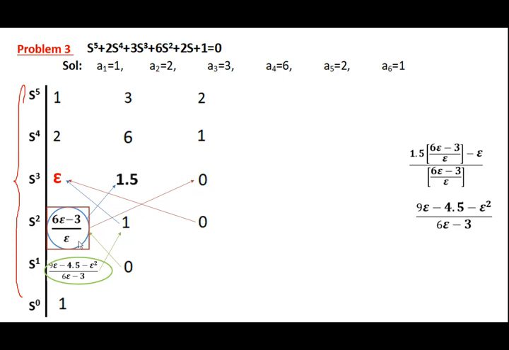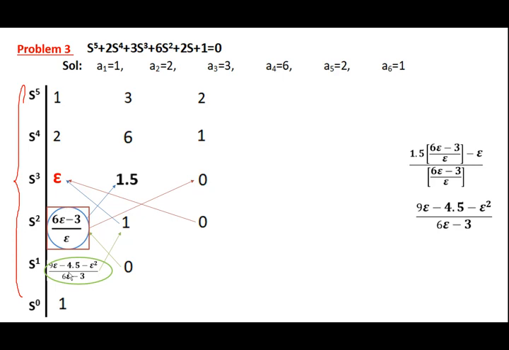We need to find out whether this value is positive or not, and this value is positive or not. But the epsilon value that we have taken is a small positive value, so this number has a positive sign, but we don't know the signs of these two. So the remaining are positive values. We need to find out the signs of these two parameters.